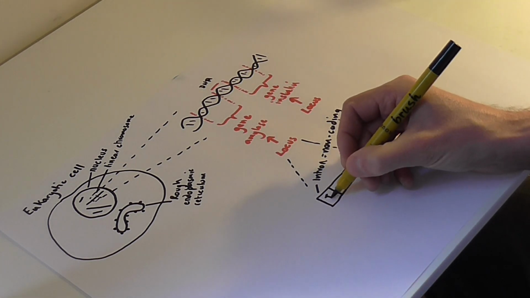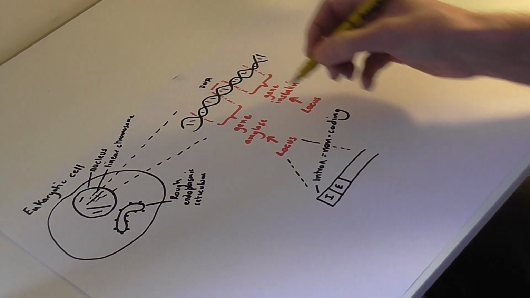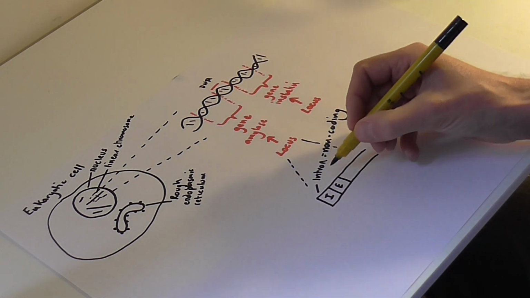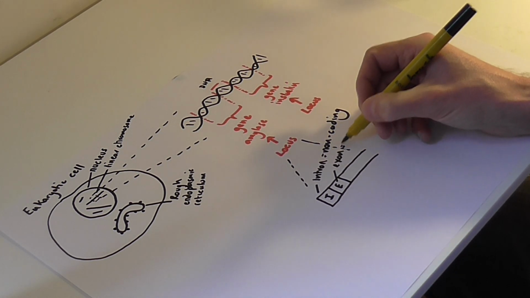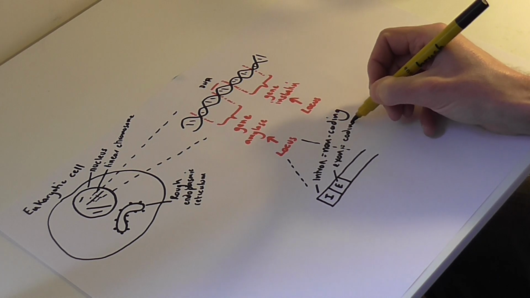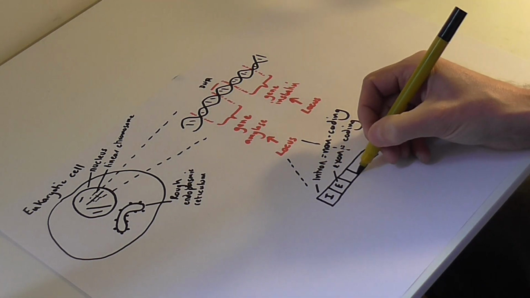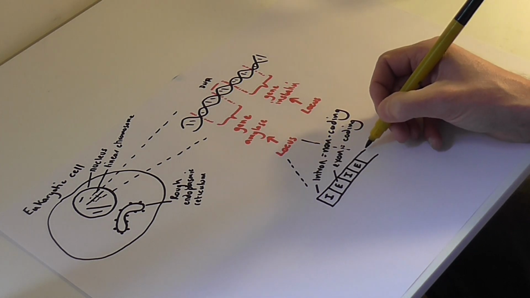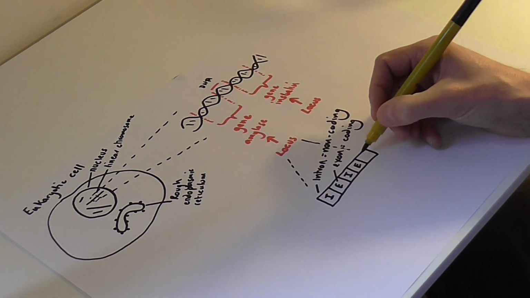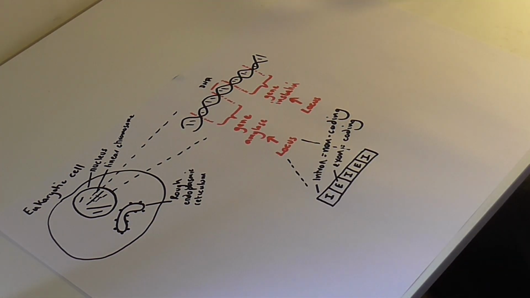So I'm going to call that I. You've then got regions within a gene that are called exons, and an exon is a region of coding DNA. And you have introns and exons within a gene. And this is within eukaryotic cells. We'll talk about prokaryotic cells in a moment.